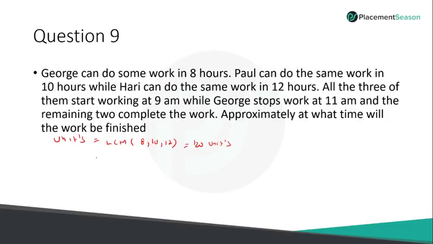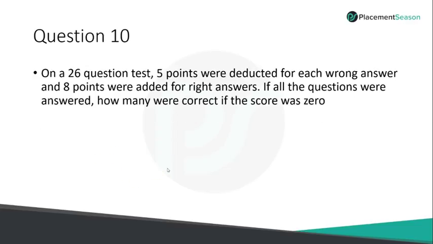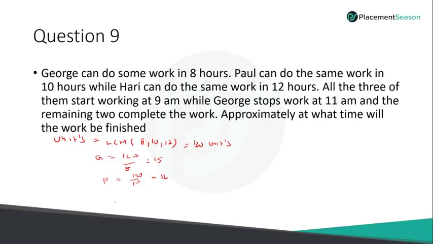Now calculate the individual efficiency. George can finish 15 units, correct? Paul can finish 120 by 10, so that is 12. And similarly, Harry, out of 120, he can finish the work in 12 hours, means 10, correct?